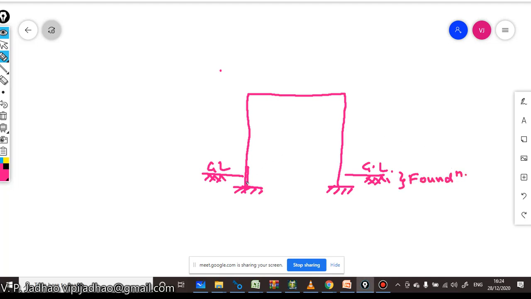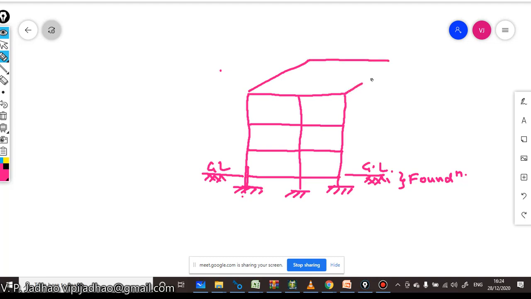Then we have some beams, and then we have a number of floors like this. Let us consider we have this structure as a 2-bay frame structure.